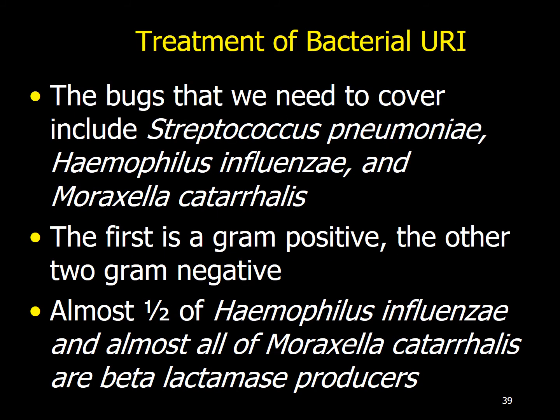So I think there's a few examples here. Let's see. Treatment of bacterial URI. In your clinical courses, you will certainly talk more about how you deduce that an upper respiratory infection is bacterial versus viral. Yes, in a perfect world, it's with a culture, but most of the time that doesn't happen.